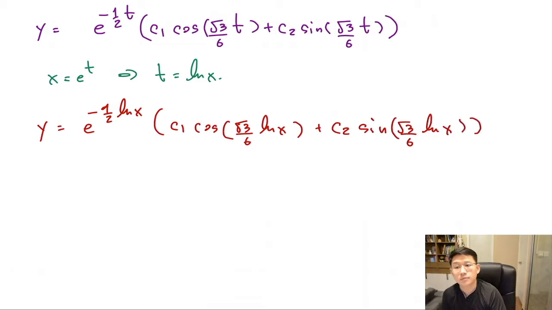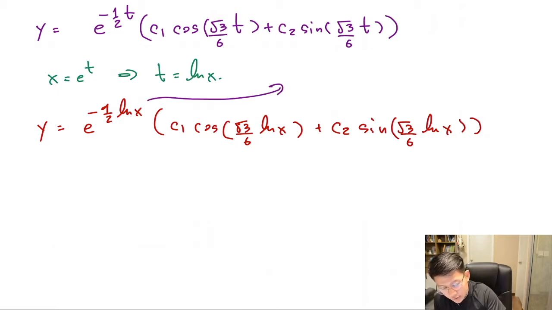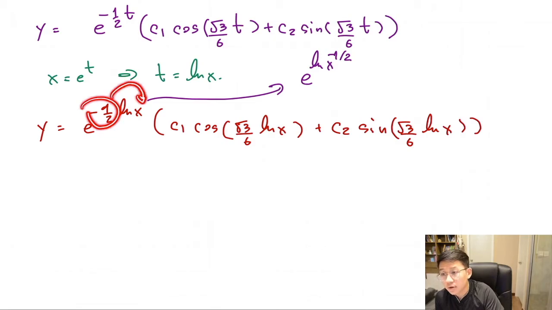And that is a solution. If you want, you can do a little bit more, because you know that e to the minus 1/2 log x is actually e to the log x to the power of minus 1/2. You just push this up here, and the log and e cancel out, so you get x to the power of minus 1/2.